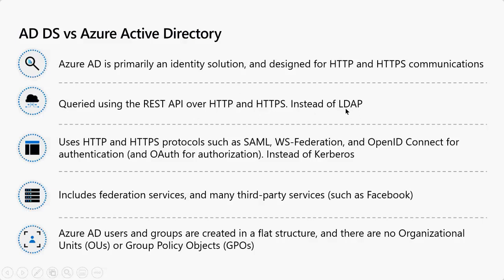And on-premises, just Windows Active Directory, depends on LDAP to enable communication between an object and object, means a user account talks to a computer account using LDAP, whereas in Azure it depends on APIs, REST APIs over HTTPS protocols.